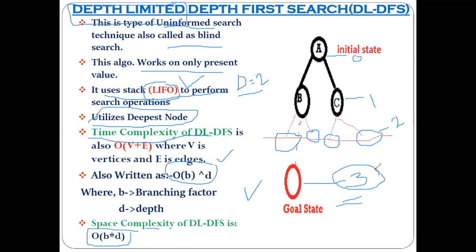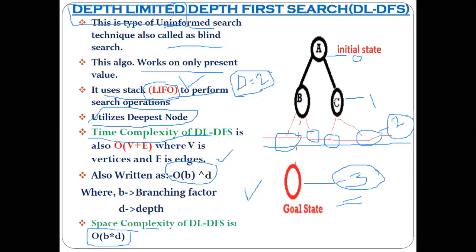It is present at depth 3, meaning level number 3. To the AI agent, the value of D is given as 2. Understood? It can only go to this level. Will it cross this level?